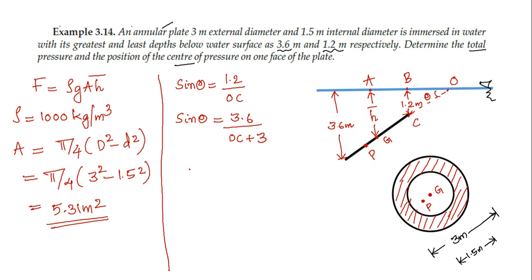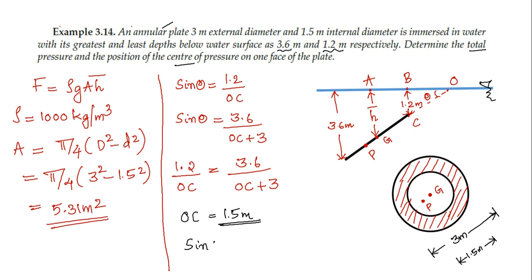We can equate these two equations. By solving, we will get OC is equal to 1.5 meters. Now, sin theta will be 1.2 divided by 1.5. We will get it as 0.8.